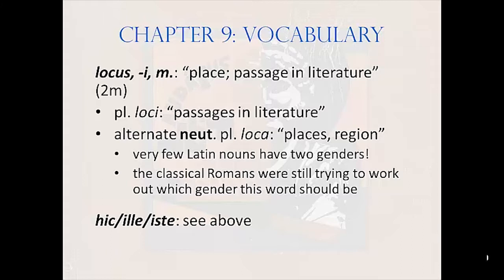The next three words in the vocabulary list are hic, ille, and iste. We've already talked about their formation. Let's talk about their meaning. While this is as close an approximate as English has to hic, and that to ille, neither this nor that cover the meanings of hic and ille perfectly.